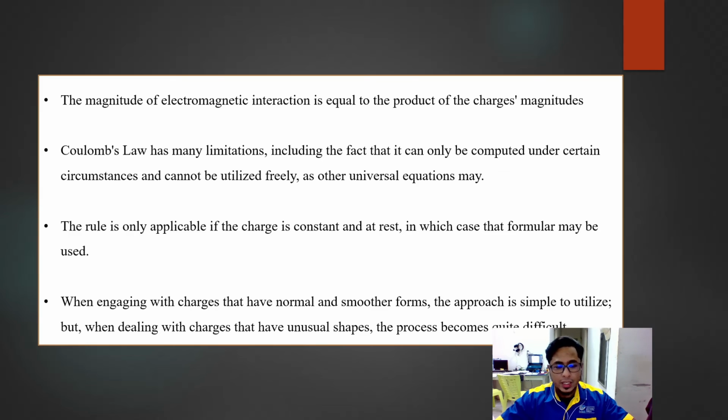When dealing with charges that have a normal and smooth form, the approach is simple to utilize. But when dealing with charges that have an unusual shape, the process becomes more difficult.